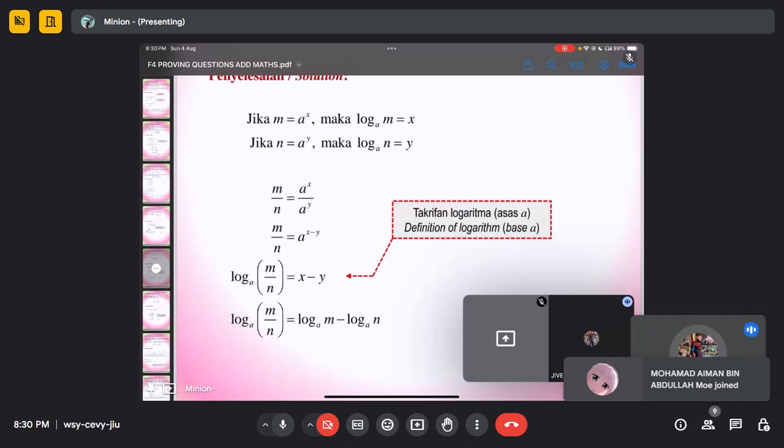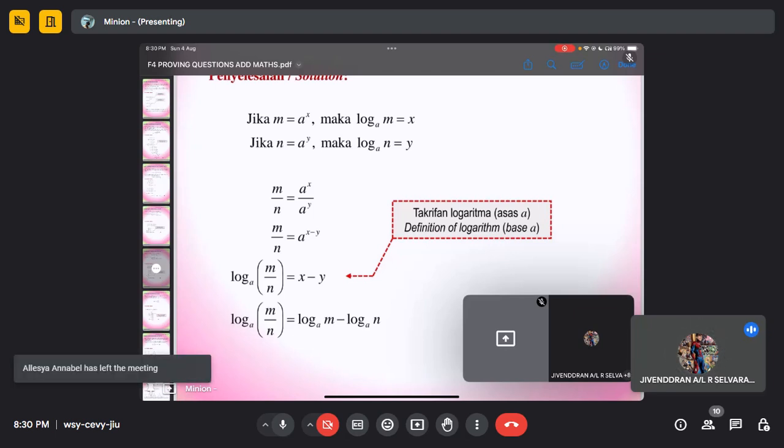X minus y is because when you insert log a to the right hand side, the power will come in front, then log a will get cancelled since they're the same base. And then since we know x and y's values, we can just substitute: log a m over n equals log a m minus log a n. So this is how we prove this formula. Okay, any questions? Understand?